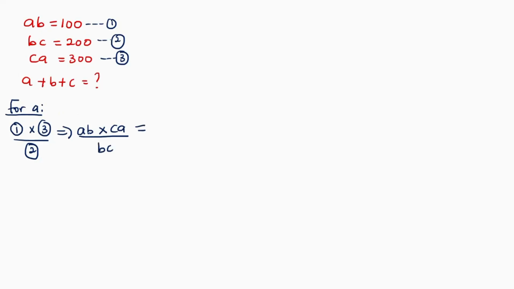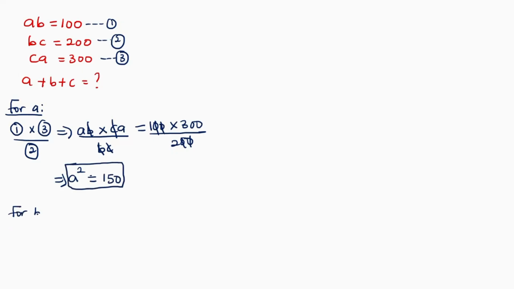This is equal to AB, which is 100, multiplied by CA, which is 300, over BC, which is 200. At this point, this cancels out this, and this cancels out this, and we have A times A, which is A squared, equal to 0 cancels out 0, 0 cancels out 0, so we have 1 times 300, 300 divided by 2 is 150, so we have that A squared is equal to 150.